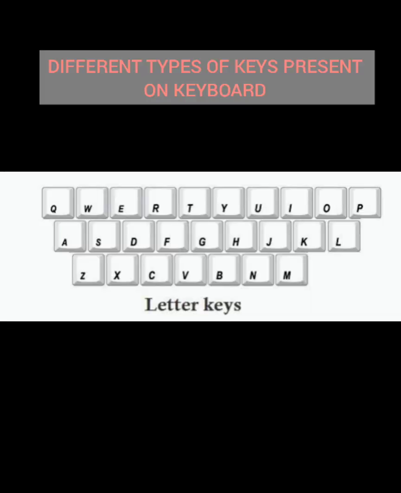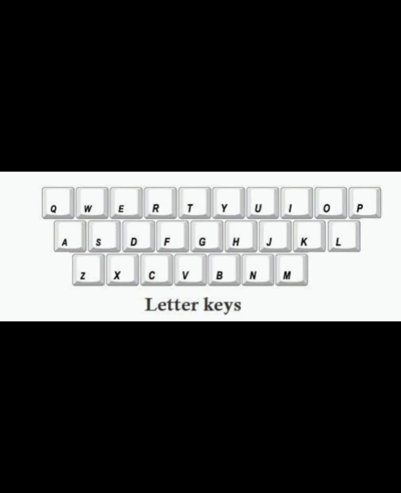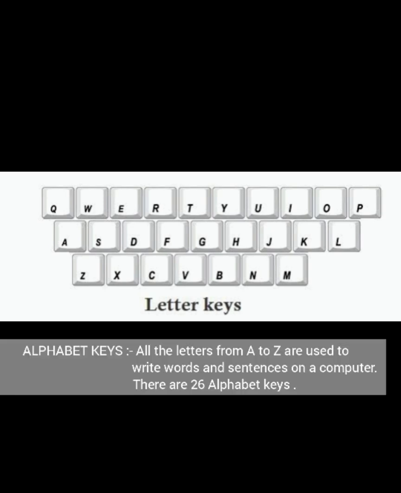Now we will see the different types of keys present on keyboard. So the first key is alphabet keys. As we know, A to Z are known as alphabets. In the same way, keyboard has alphabet keys and all the letters from A to Z are printed on it and they are used to write words and sentences.